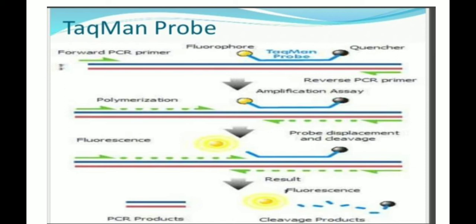The probe which you have used, the fluorophore, will be displaced, its place will change. You can see easily that what was attached to it gets displaced and will get cleaved. And the result is that PCR products will get separated and cleavage products will get separated. The fluorescent and your quencher get separated. So that is the TaqMan probe.